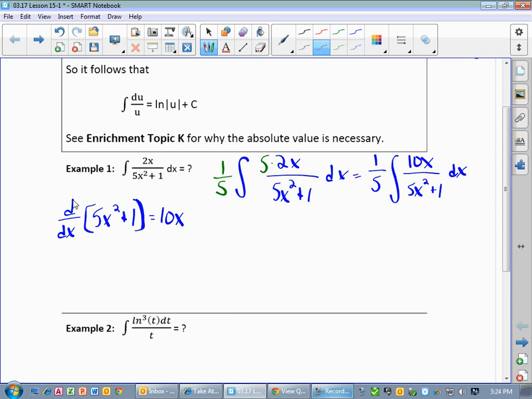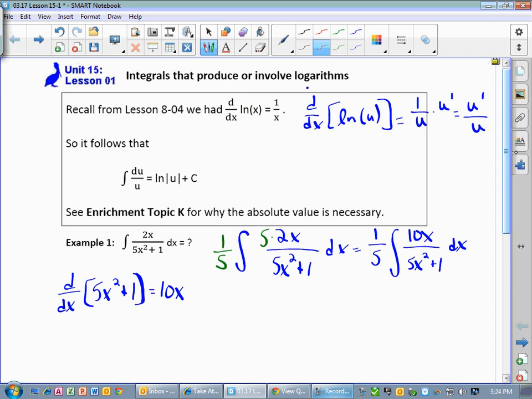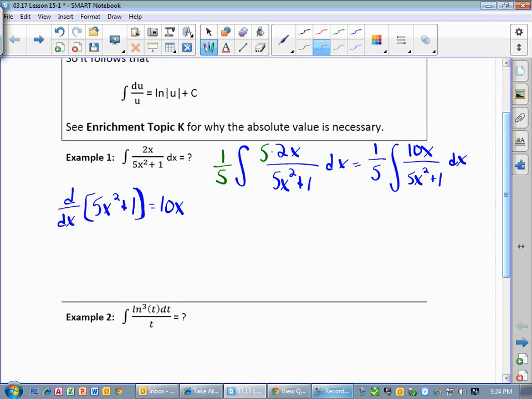Now notice, going back to our chain rule up here, we're looking for u prime over u. If we think of our denominator here as u, which you may not want to write over like that, but this would be u prime. So we have the integral of u prime over u, which according to this rule is the natural log of u.